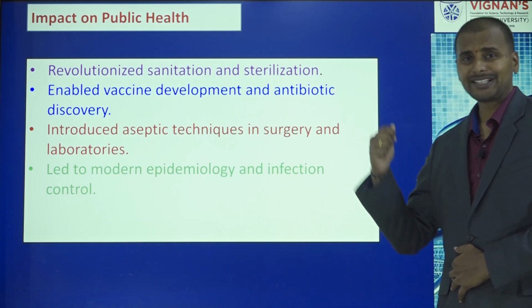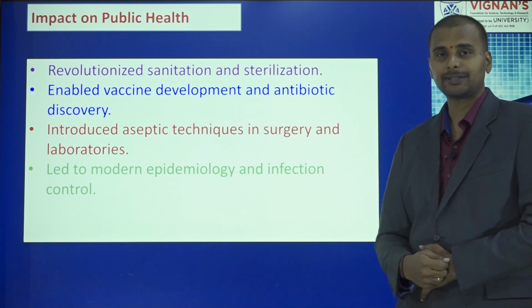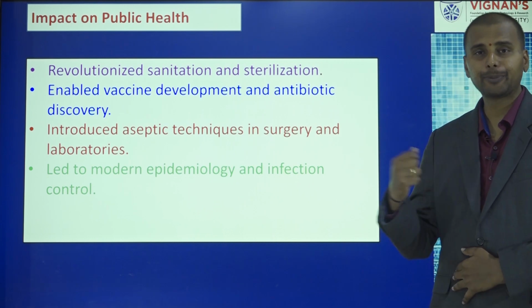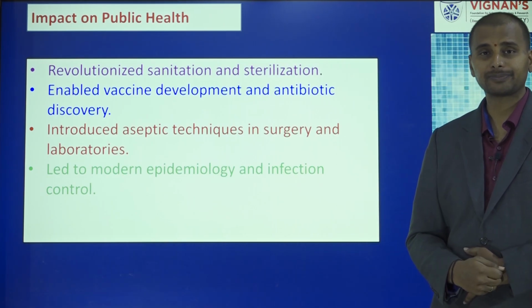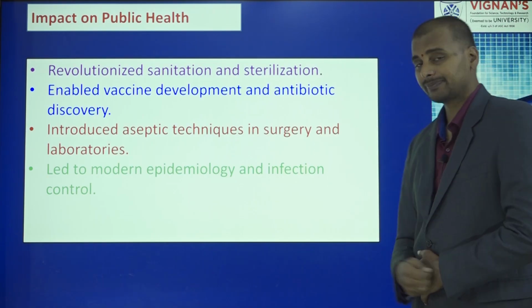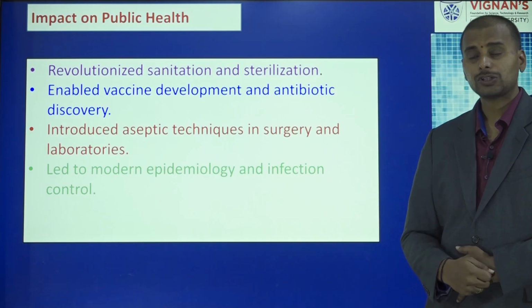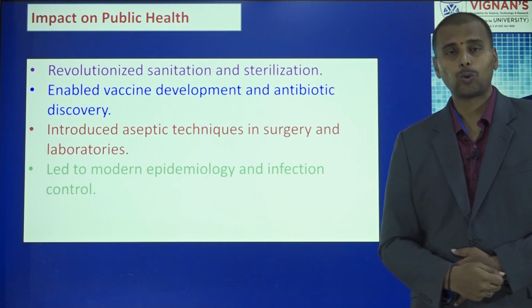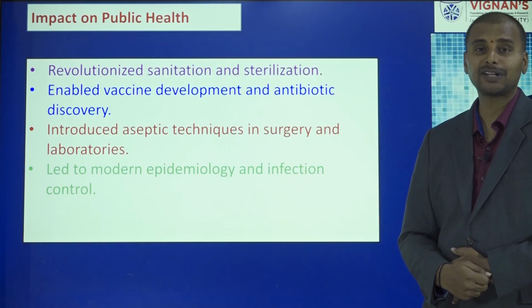Now, because of this germ theory, we came to know that microorganisms are causing the disease. To prevent that, scientists developed antibiotics, which can kill specific microorganisms, and also vaccines. Vaccines are developed as a preventive measure, so that by using vaccines, the host immune system will be trained before it encounters the specific pathogen.